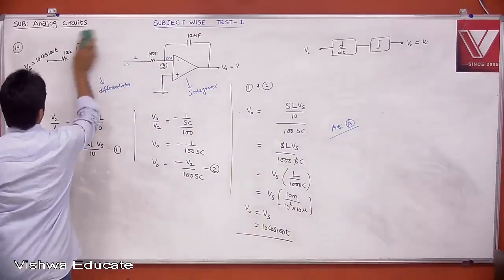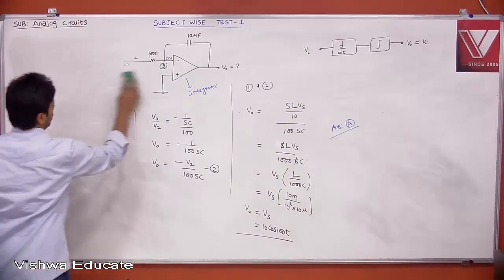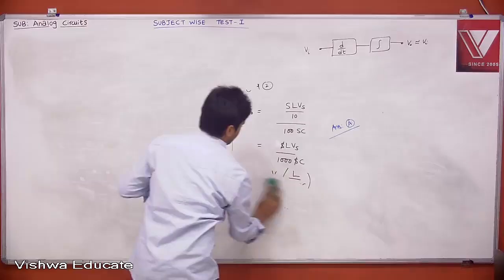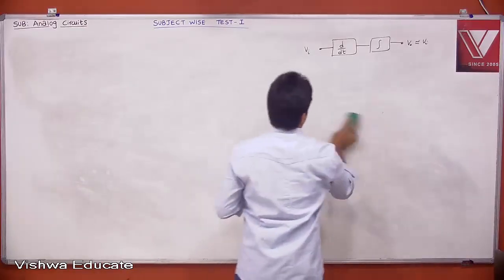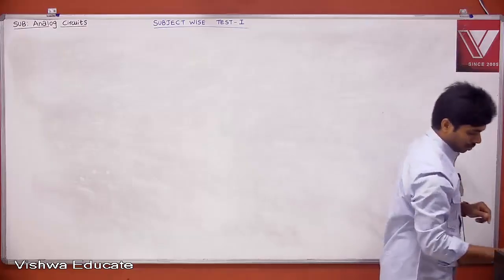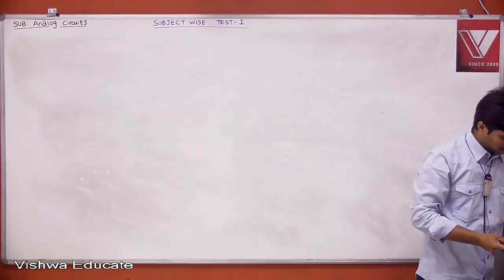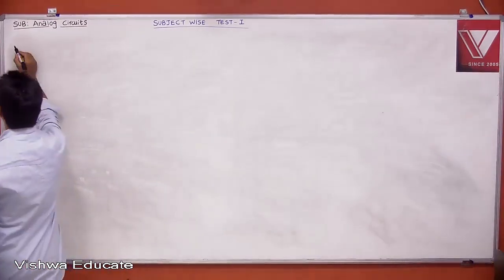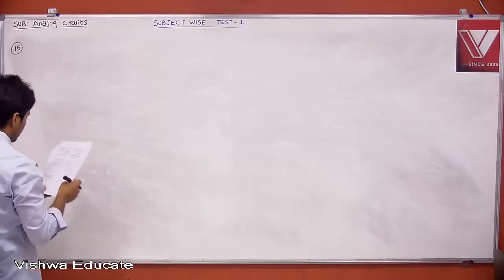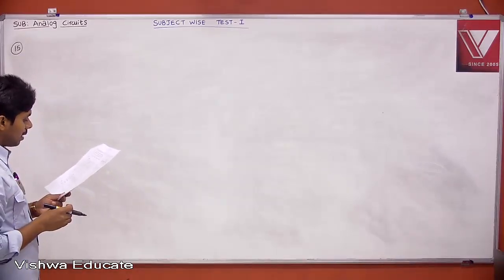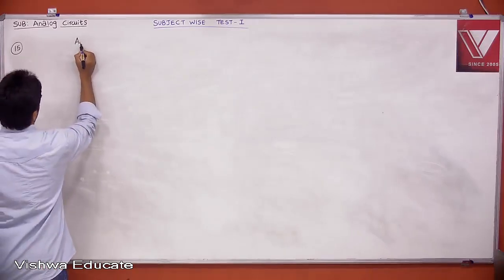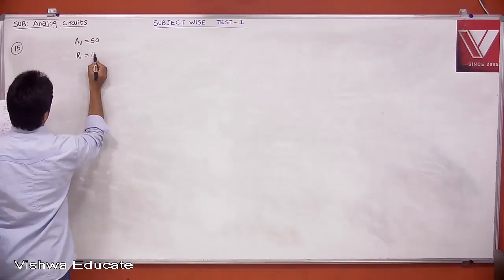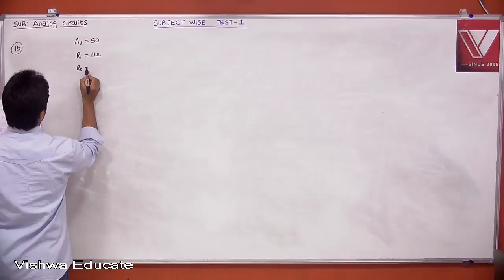Now problem number 15. Three identical amplifiers, each with a voltage gain of 50, input impedance 1 kilo ohm, and output impedance 250 ohm, are cascaded.